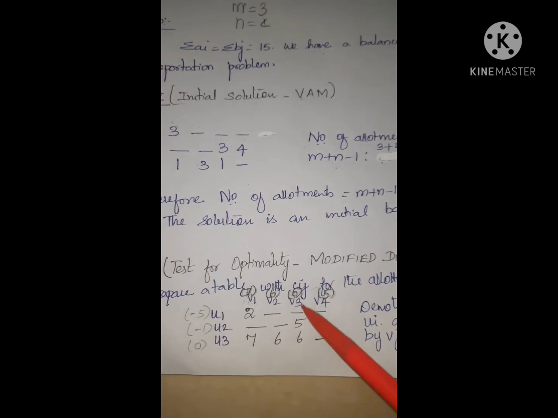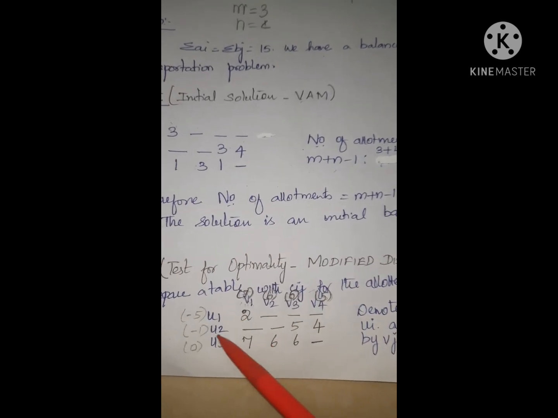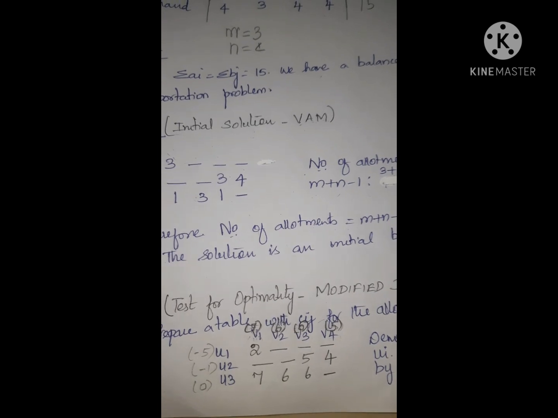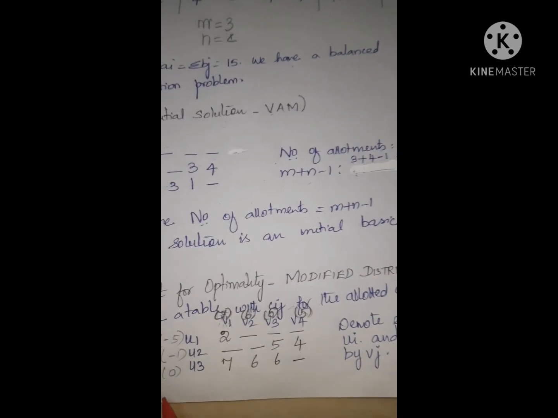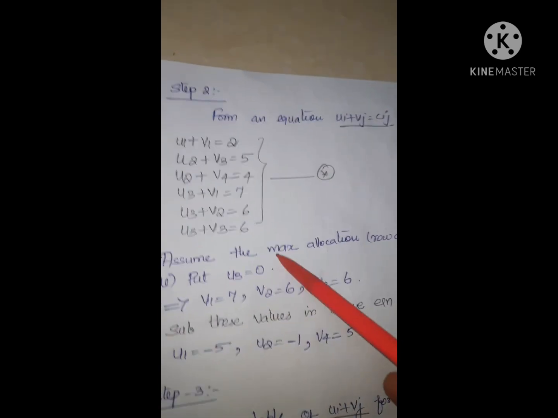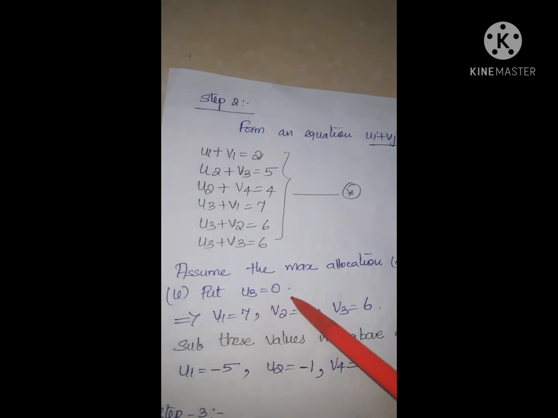So we see the third row has 3 allocations, which means u3 has the maximum allocation. Because of this, we assume u3 as 0. We put u3 as 0.